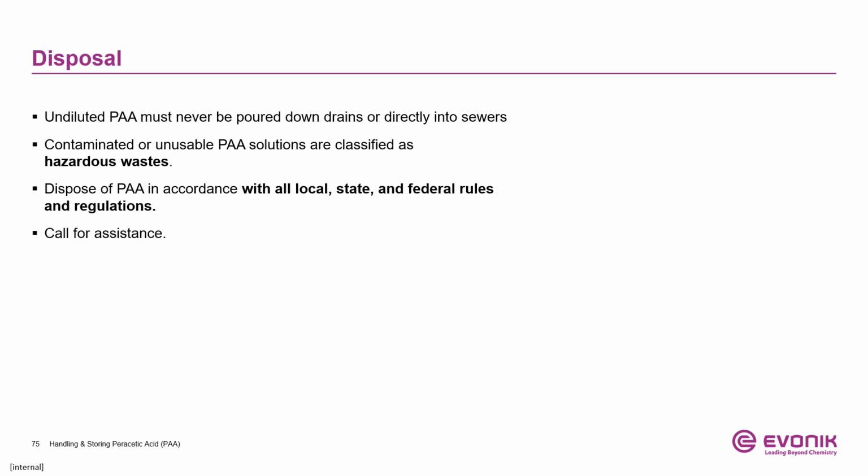One method to dispose of PAA is to dilute it with at least 20 volumes or more of water and allow the PAA solution to decompose. Then you can discharge the solution into a suitable treatment system, but make sure you are in accordance with all local, state, and federal rules and regulations. In all cases, call for assistance.